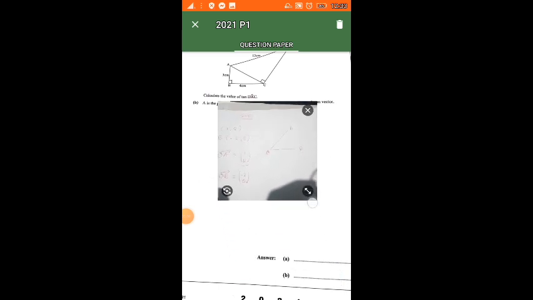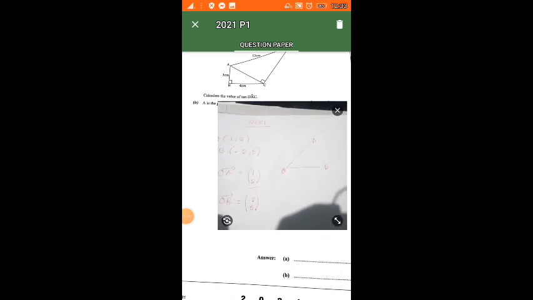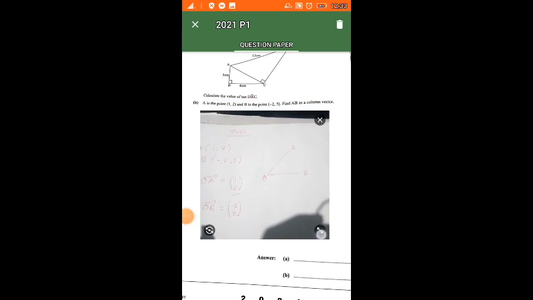Let's draw a simple diagram to show how we're going to find AB as a column vector. This diagram has the origin, because this is the starting point for all position vectors, and here we're going to have A, and B here. Let's widen the screen a bit to get a clear view.